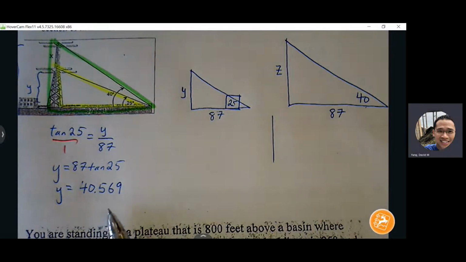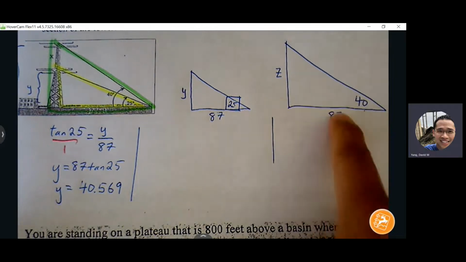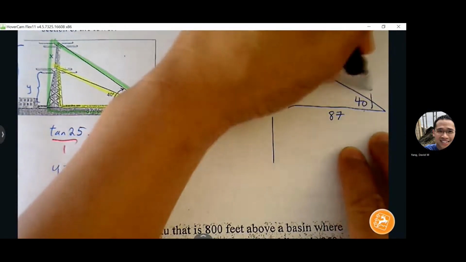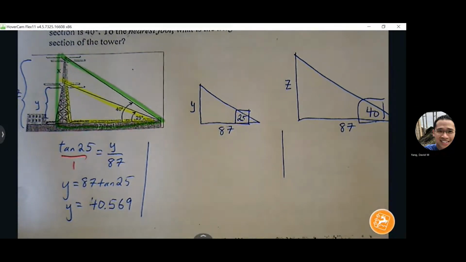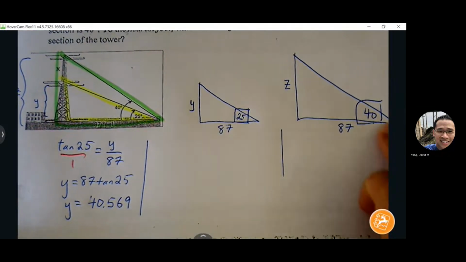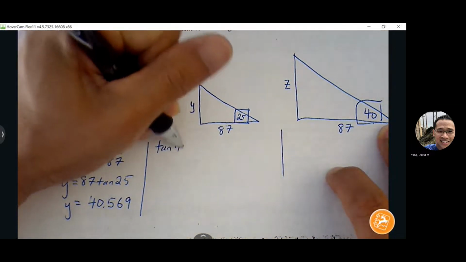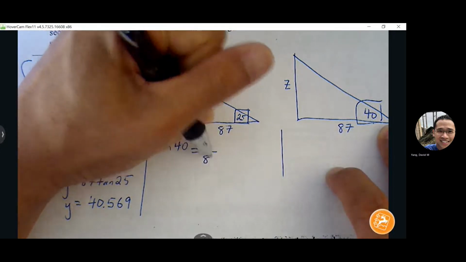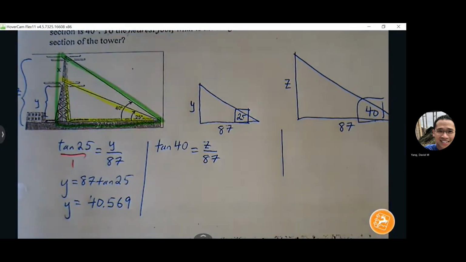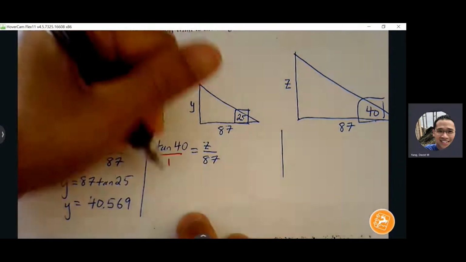All right, so separately, we can solve for z. So set up the same way, right? Multiply.